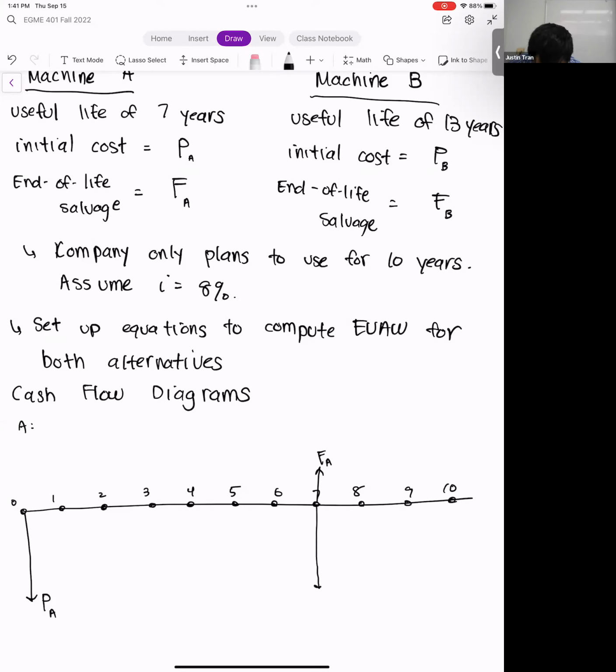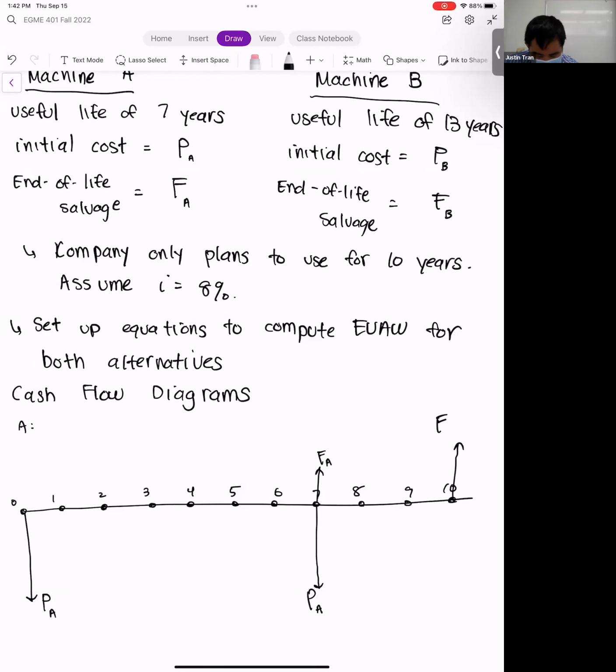But to make sure that we reach all the way to the end of year 10, we're going to purchase another machine in year 7, which we'll call P sub A. All right, and so the second machine, we're going to use it for 3 more years. And then we're going to salvage it at the end of year 10, because that's when the project is expected to conclude. Right? And so here we're salvaging early.